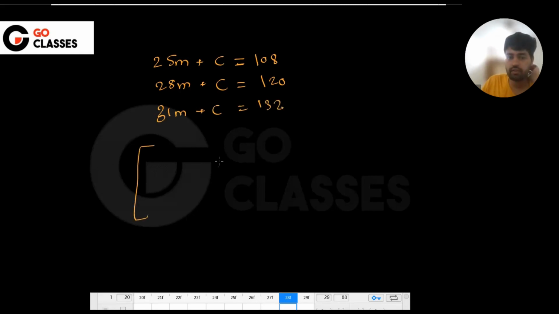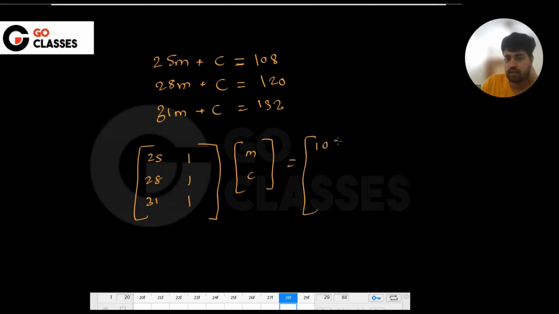If I write it in matrix form, it will be 25 1, 28 1, 31 1, and then 108, 120, 132.